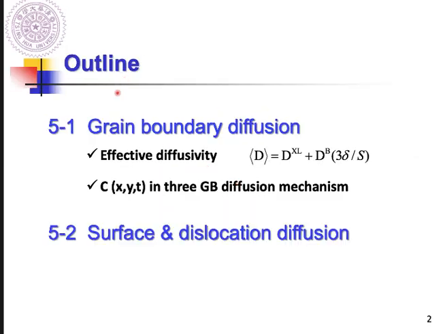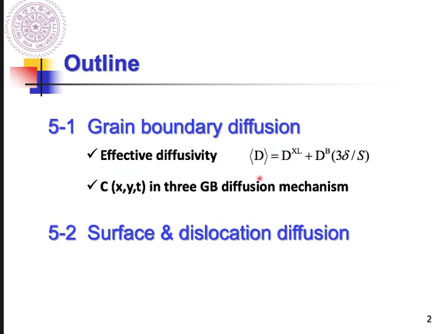And lecture 5 can be simply classified into two parts. The first one, we will talk about grain boundary diffusion. I want to show you how the atoms diffuse through the grain boundary, how fast they diffuse through it. So in this part, we will introduce the term we call effective diffusibility.